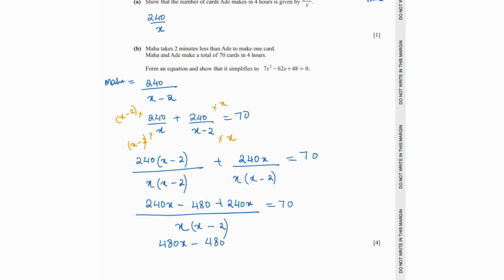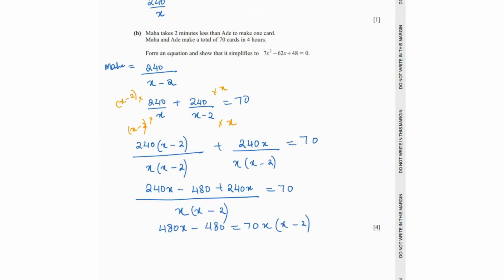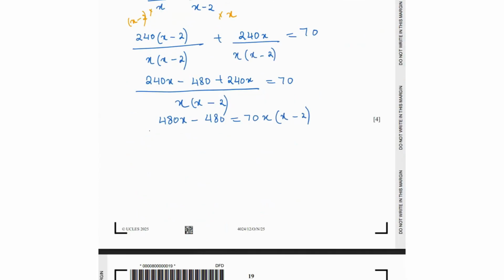Cross multiply to get rid of the fraction. 70x squared minus 140x. Collect everything on the right-hand side.